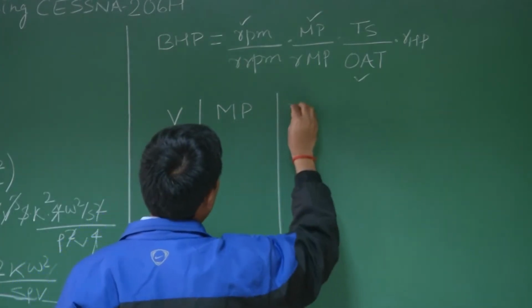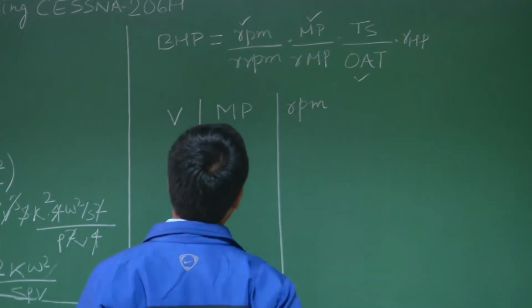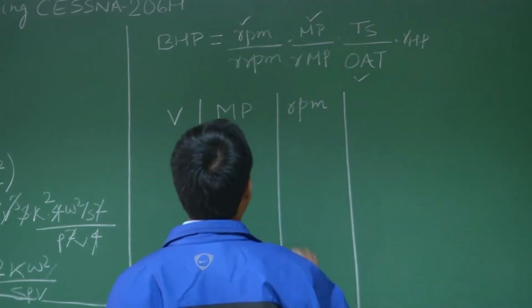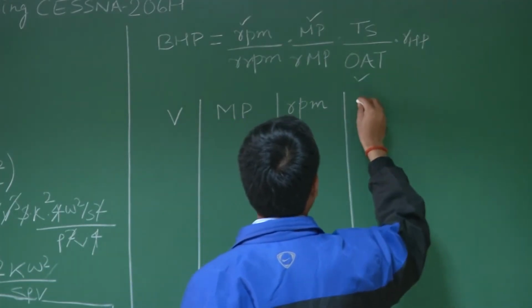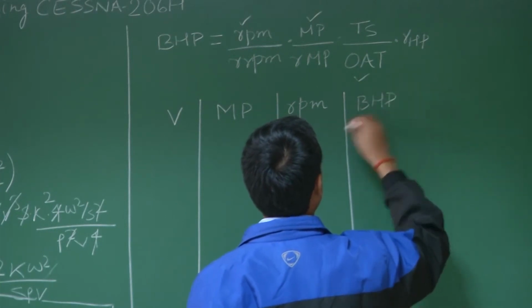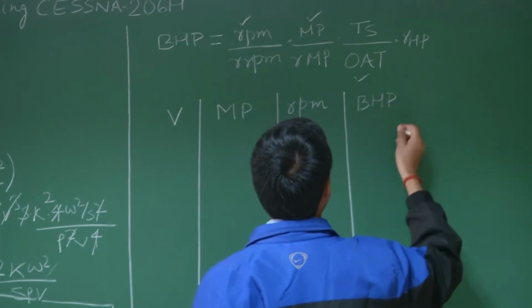Next is RPM, and next will be our BHP. So we can calculate BHP with the help of these readings and specified data.